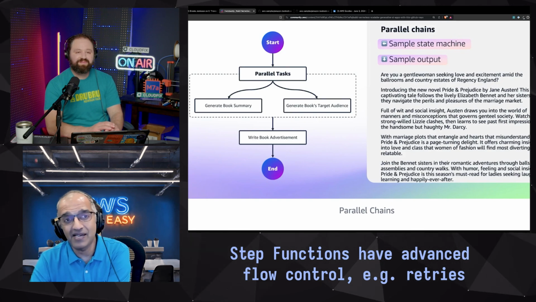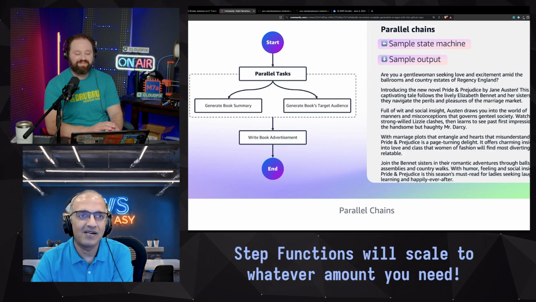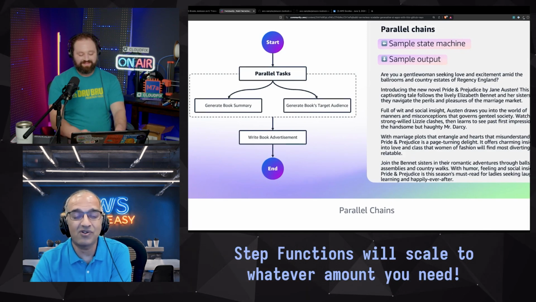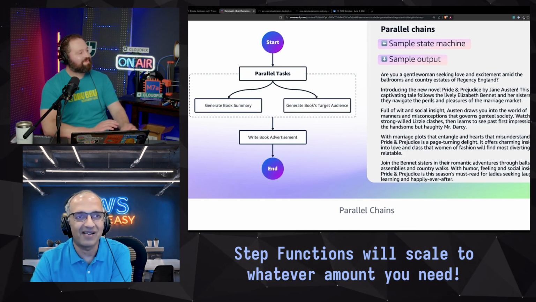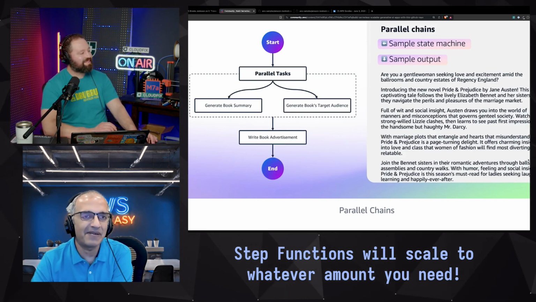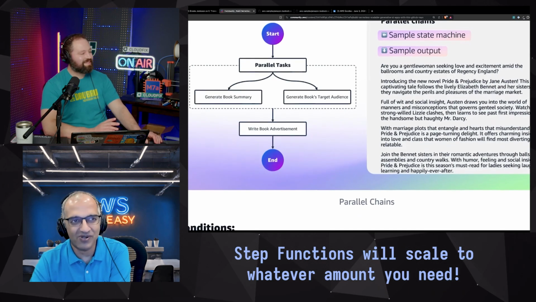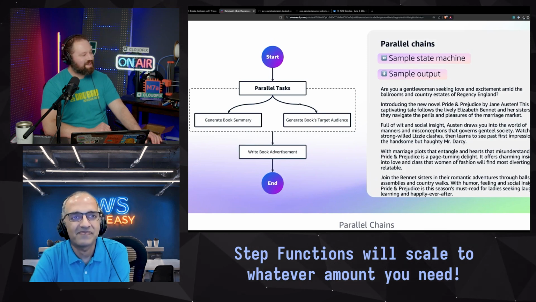If you have API limitations, if that's not the case, you can even have binary backoffs. And it doesn't matter if it was 1,000 or if it was 1,000,000. The Step Function part of it would scale just as well. And you could run all of them completely independent of each other without having to worry about which box you're going to use, how is it going to scale, how is state maintained. You don't have to worry about any of that stuff.